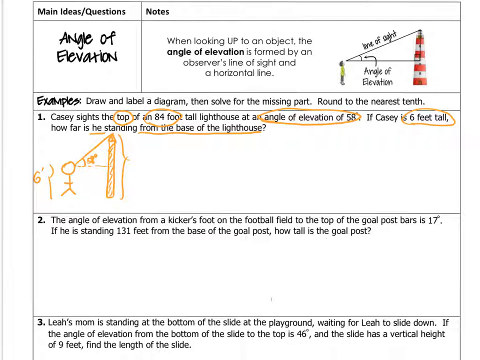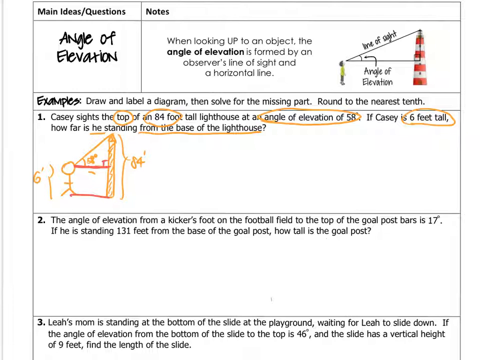And the lighthouse is how tall? 84 feet tall, I think, right? So I'm asked, how far is he standing from the base of the lighthouse? So he's standing here, the base of the lighthouse is here, and that distance is the same as this horizontal line in this right triangle here.